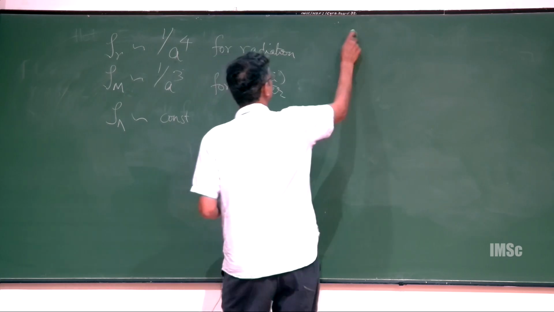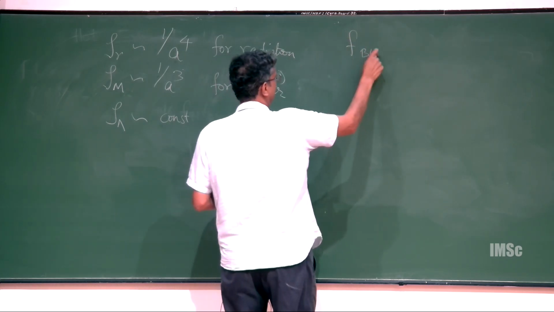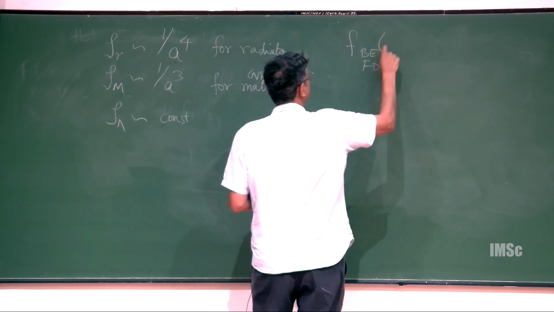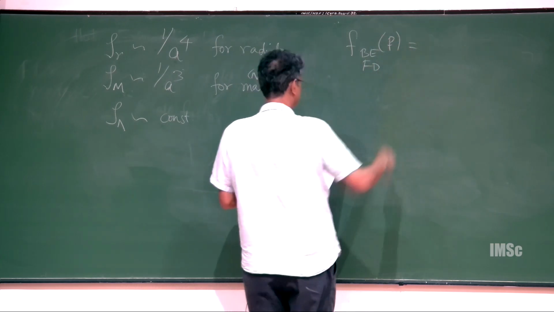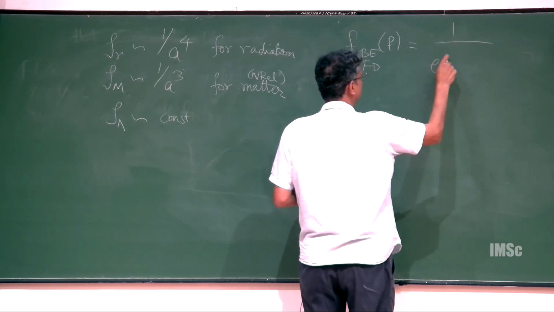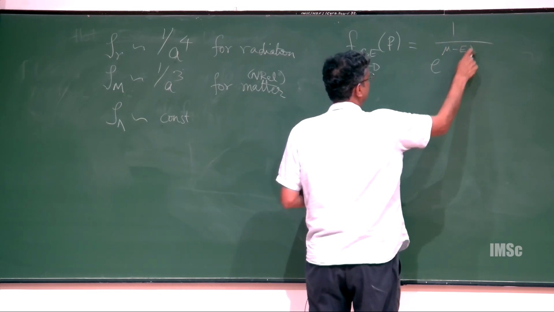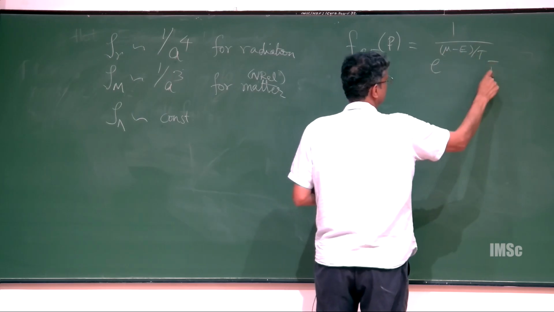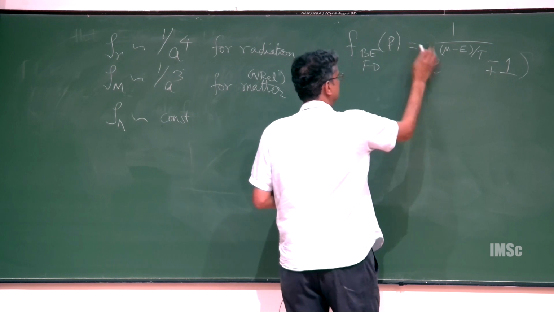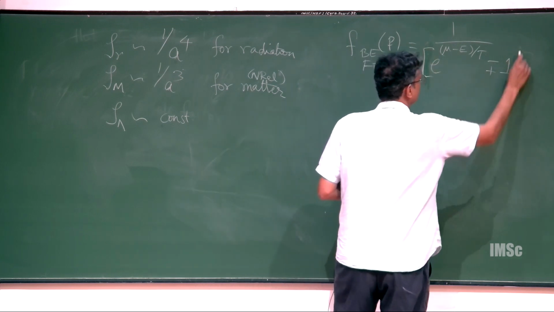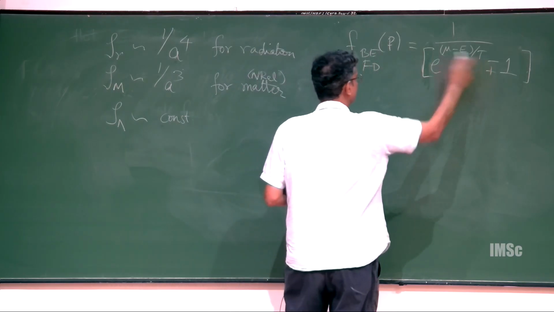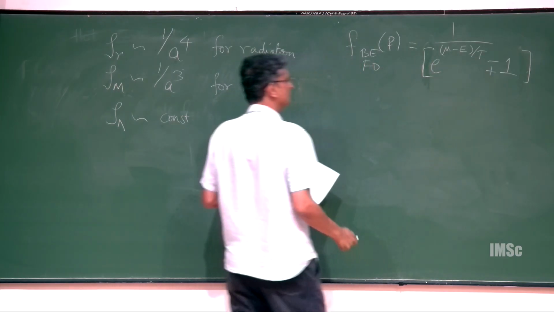So we have these distribution functions. We can have the Bose-Einstein or the Fermi-Dirac distribution functions. This is a function of momentum, right? So if I keep track of the quantum distribution, for bosons it will be minus and for fermions it will be plus.